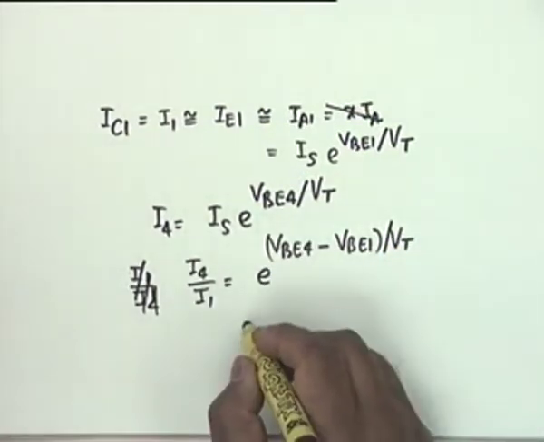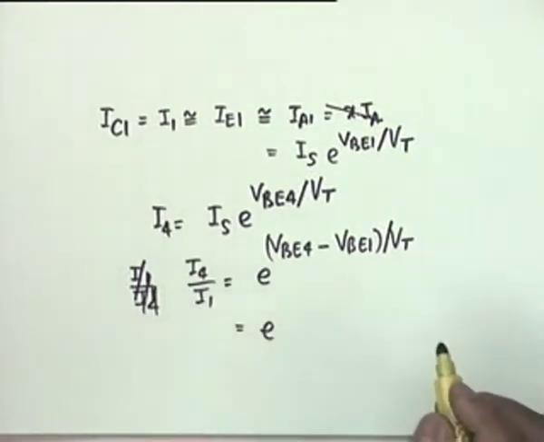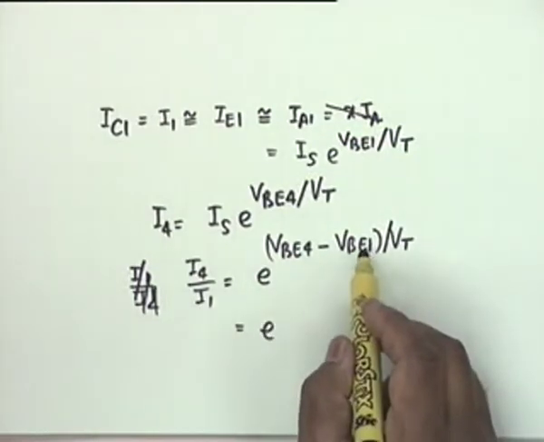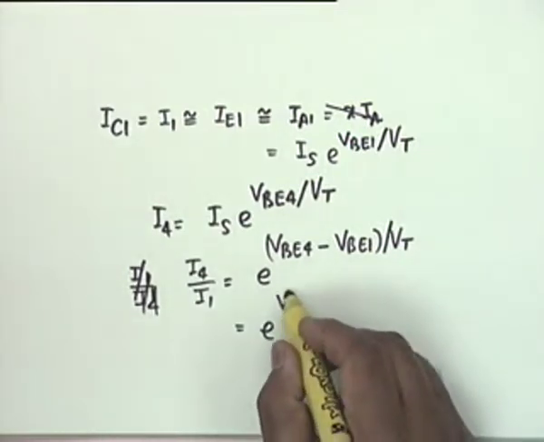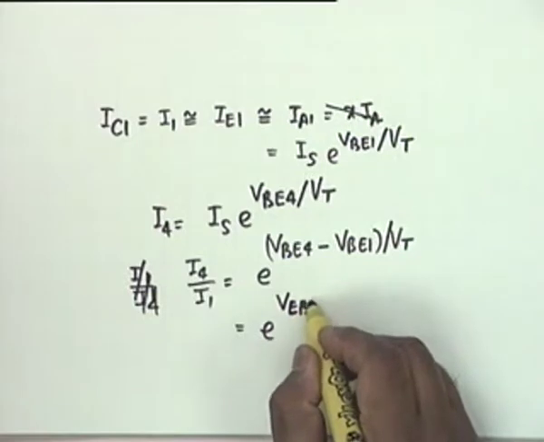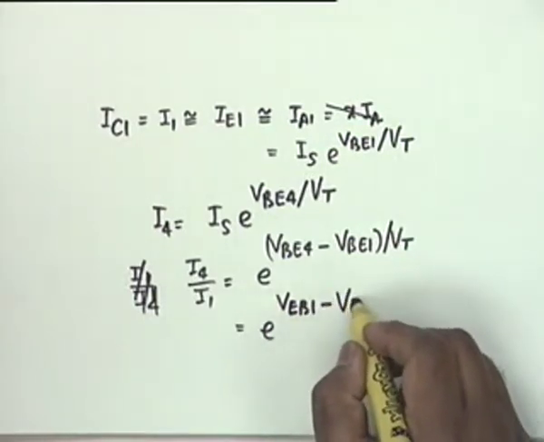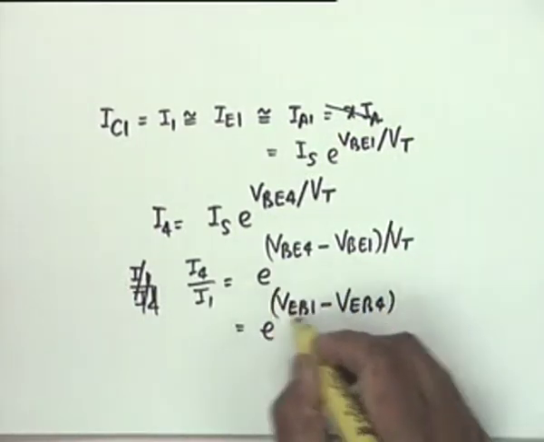All right. I can write this as exponential. If I interchange B and E, the sign would be negative, and therefore I get VEB1 minus VEB4 divided by Vt.